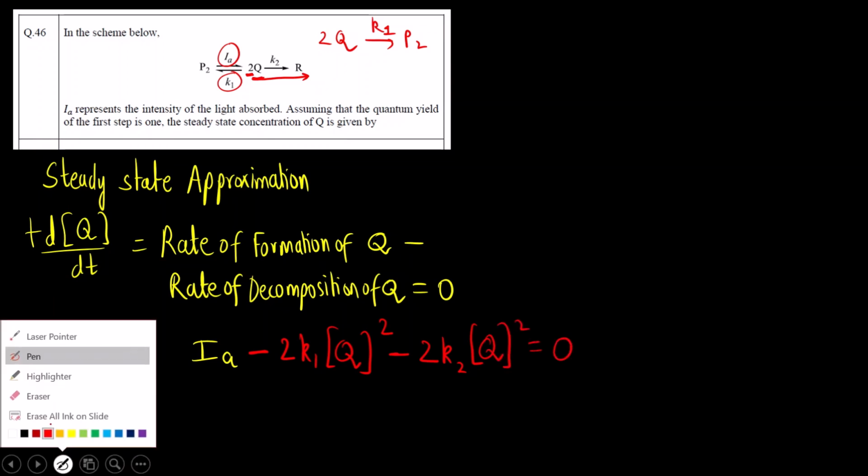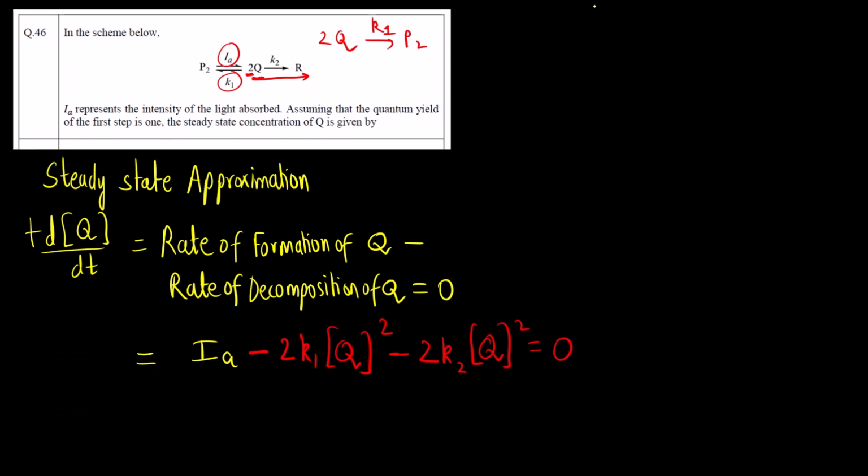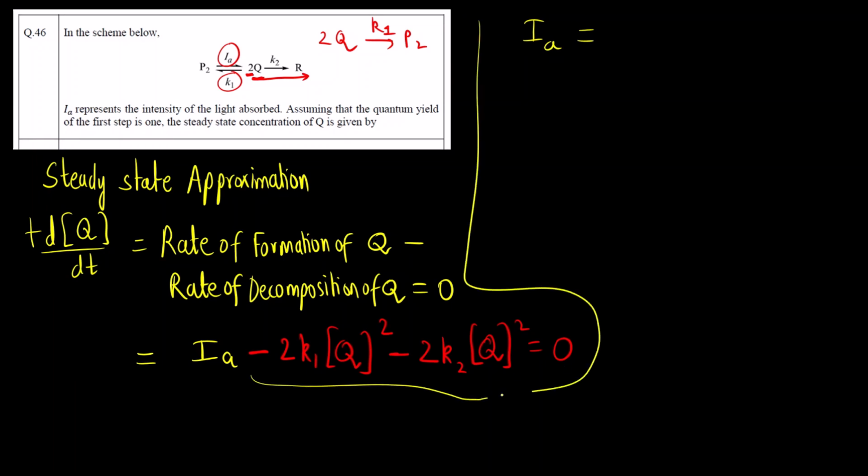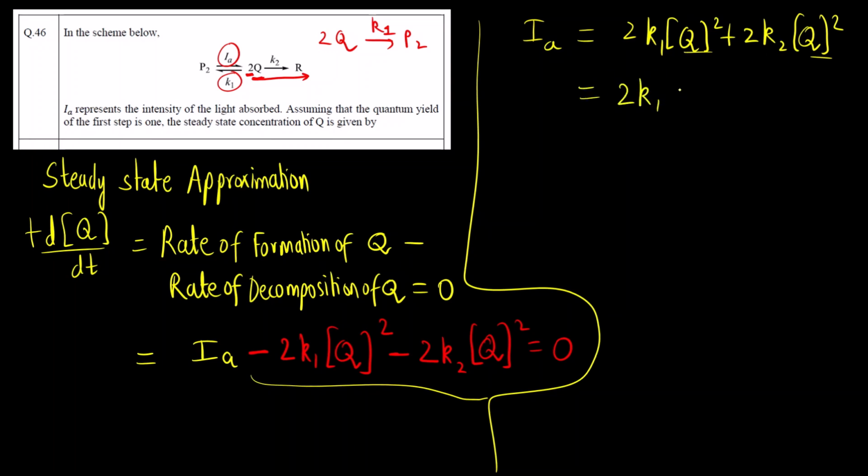Now we have to rearrange this equation. So IA will be equal to this; I can bring this entire thing to the right hand side. IA will be 2K1 into Q square plus 2K2 into Q square. We want the expression for Q, so I can take 2K1 plus 2K2 as common: Q square.